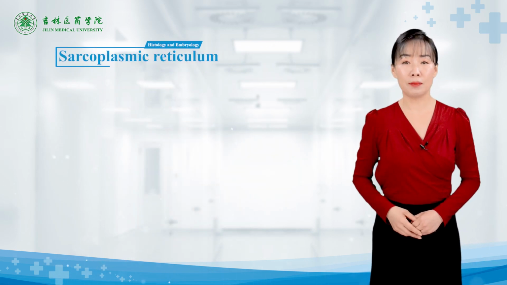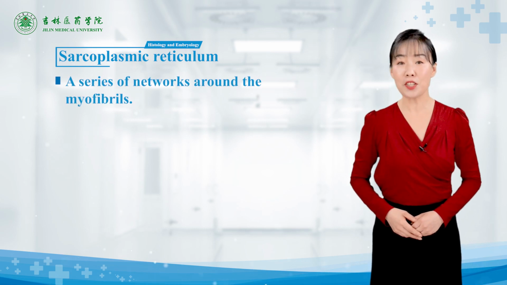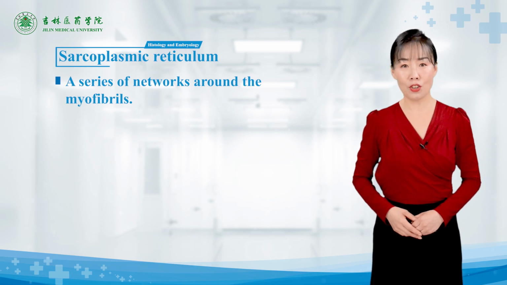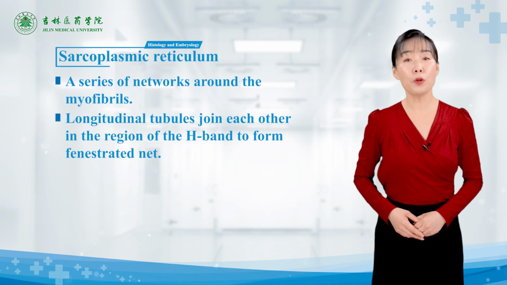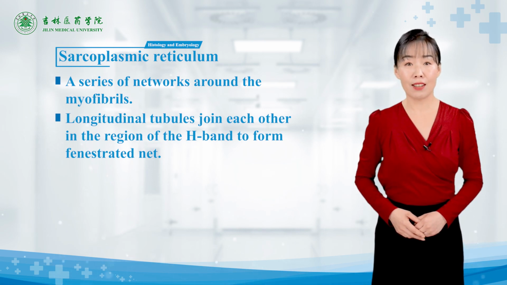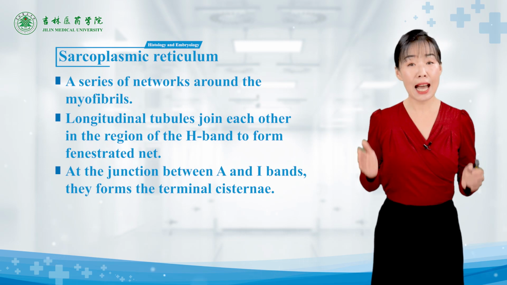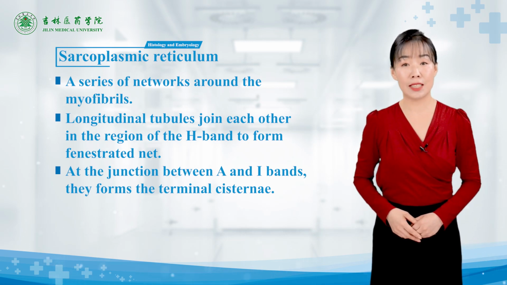Sarcoplasmic reticulum. It is a specialized smooth endoplasmic reticulum and forms a series of networks around the myofibrils. Longitudinal tubules join each other in the region of the H band to form a fenestrated net. At the junction between A and I bands, they form the terminal cisternae.